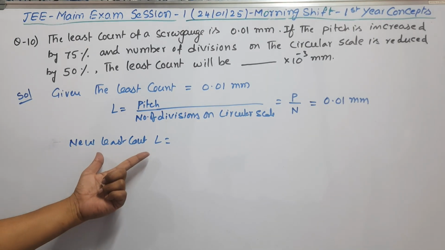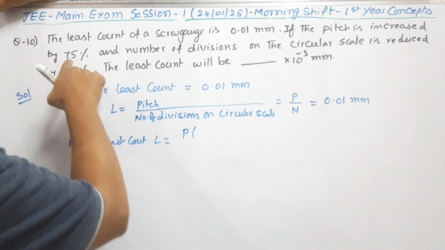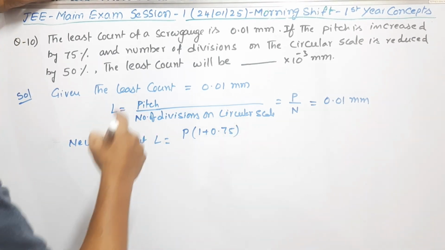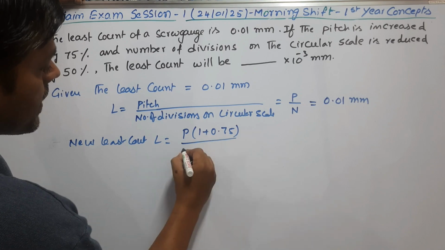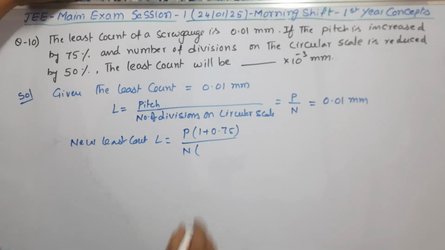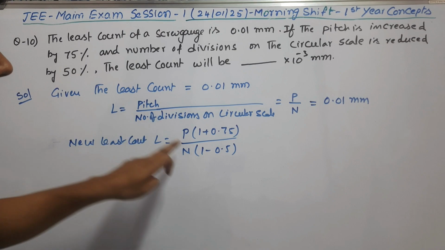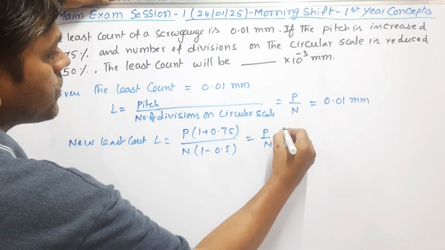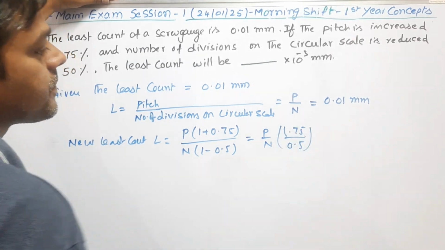New least count is equal to the new pitch, P into 1 plus 0.75, divided by n into 1 minus 0.5, since the number of divisions is reduced by 50% compared to the initial. So it is P by n into 1.75 by 0.5, isn't it?